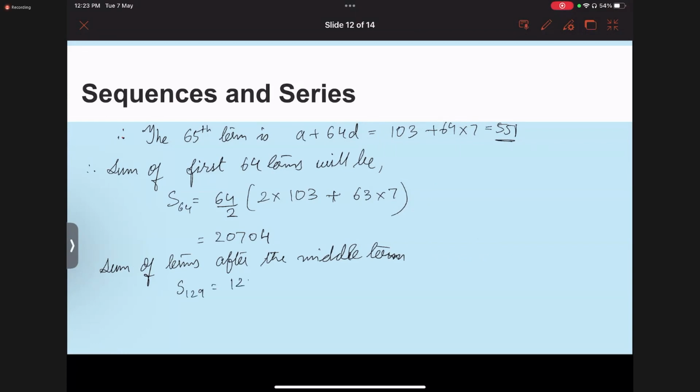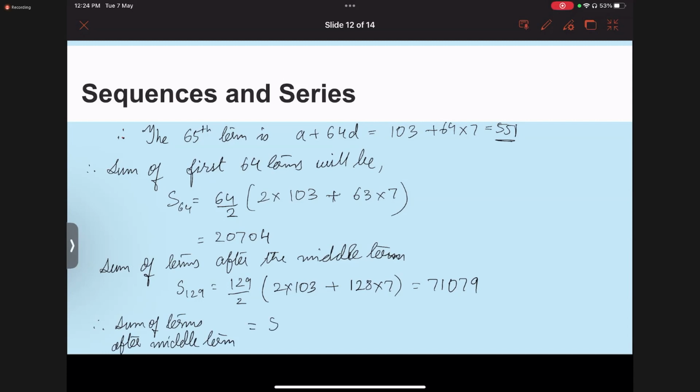So that is 129 by 2, multiplied by 2 into 103 plus n minus 1 times d, so this is 128 multiplied by 7, and this eventually gives you 71079. Therefore, the sum of terms after the middle term will be your S129 minus the sum of the first 64 terms as well as the middle term itself.